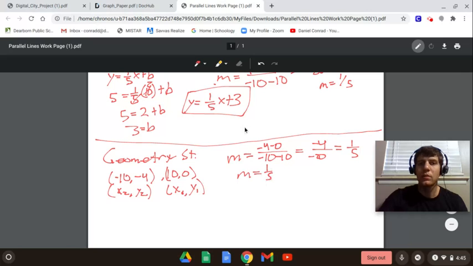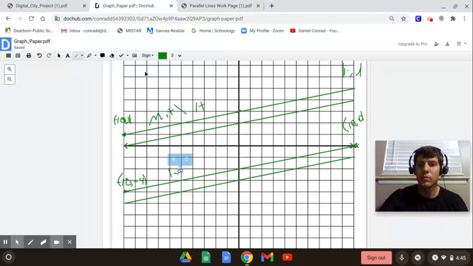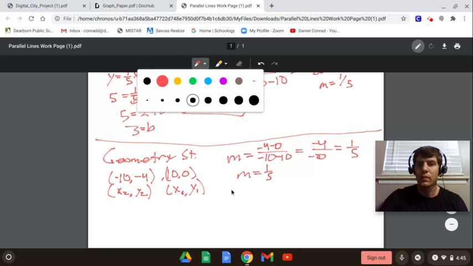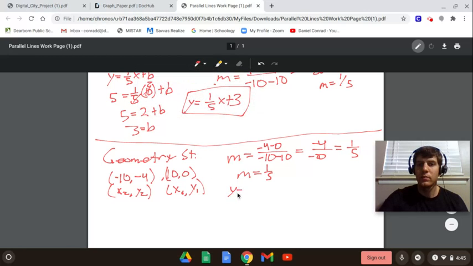Again, we strategically picked our point, so our y-intercept would be -2, a whole number. But if we wanted to find it, we do it the same way as up there. We do y equals mx plus b, so y equals 1/5 x plus b. We can plug in one of our points.